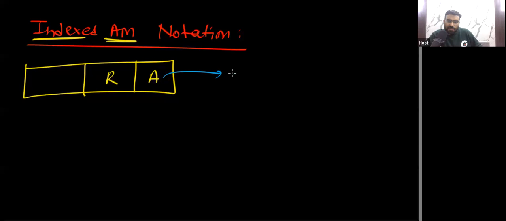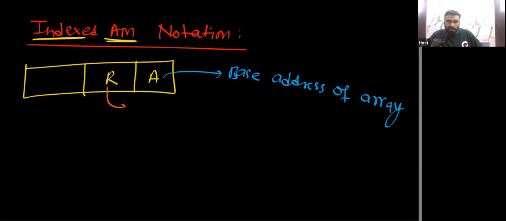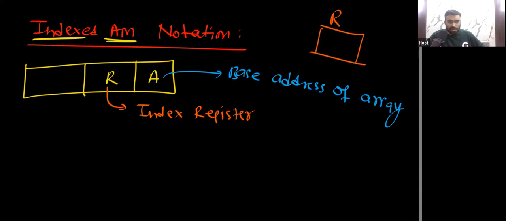This A will be the base address of the array, and this R will be your index register. It will hold the index value, that you already know. So this is the indexed addressing mode.